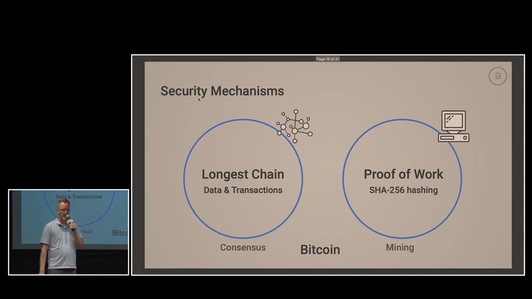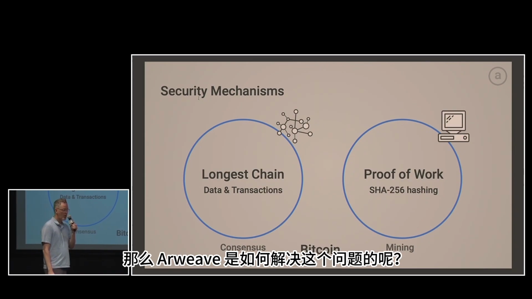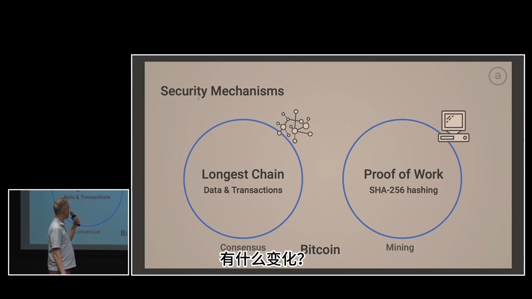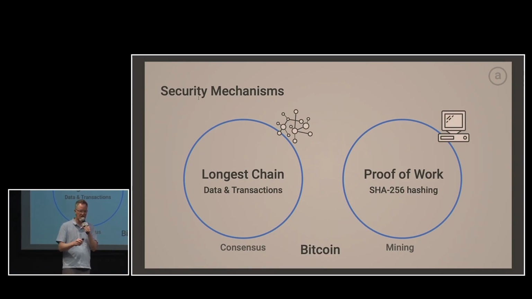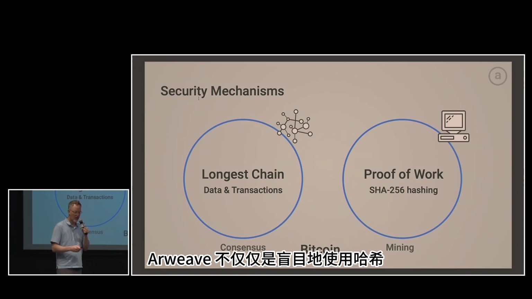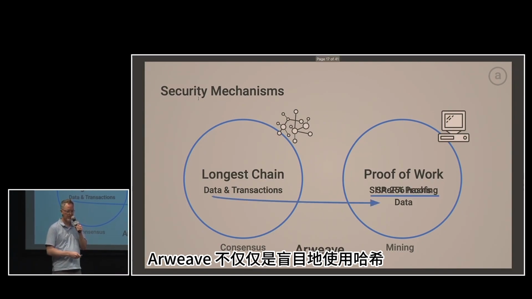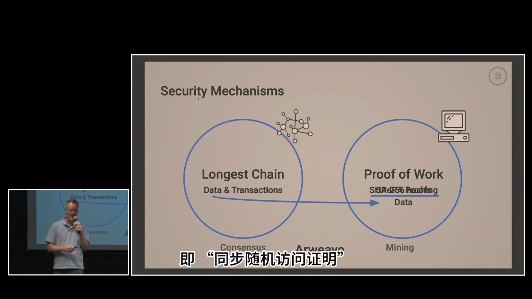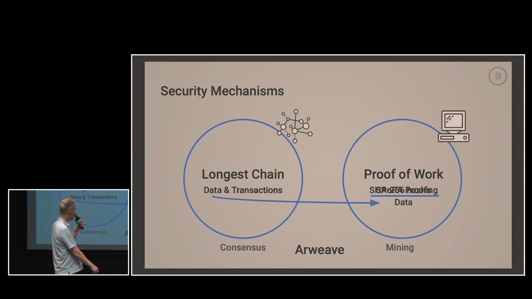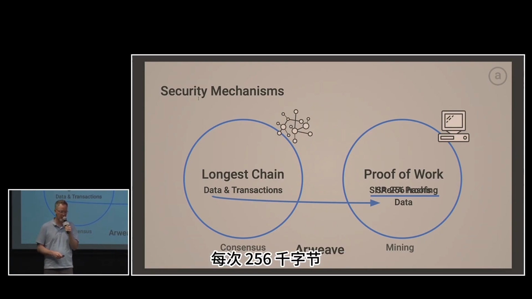Right. So how does Arweave fix this? What changes? One of the key innovations that Arweave made was that it changed the mining mechanism. Instead of just blind hashes, Arweave uses something called SPoRA, which is succinct proof of random access. It's a cryptographic proof that the miners do to prove that they're storing small chunks of Arweave's data, 256 kilobytes at a time.